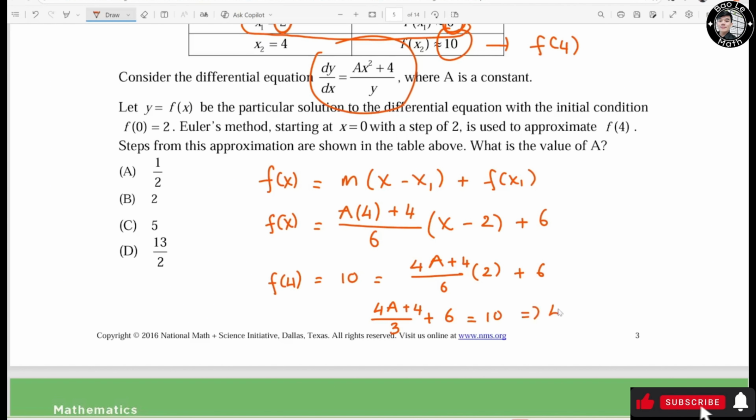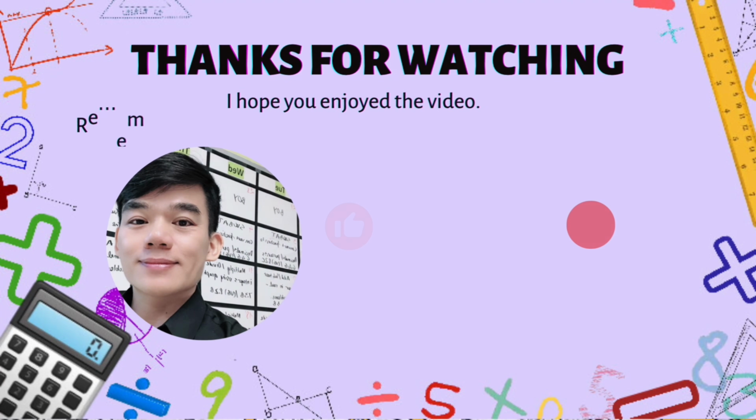It's going to be 4a plus 4 plus 18 subtract 30 equals 0, right? So 4a equals 8, then a equals 2, right? The answer is B.